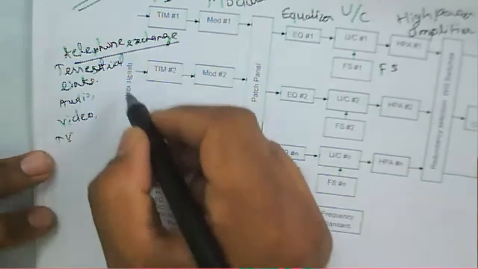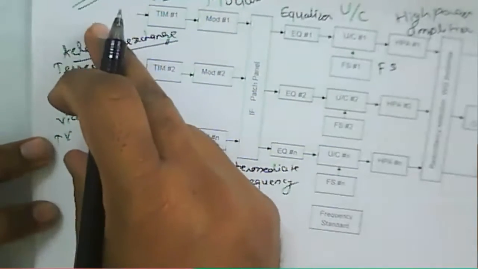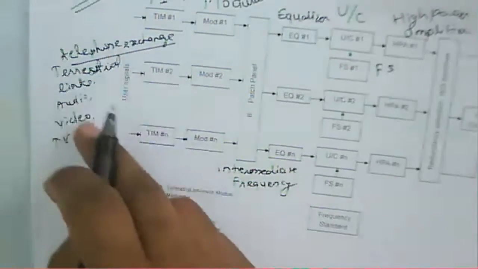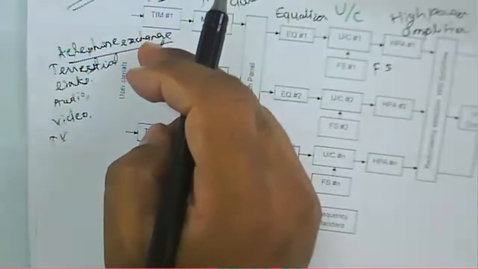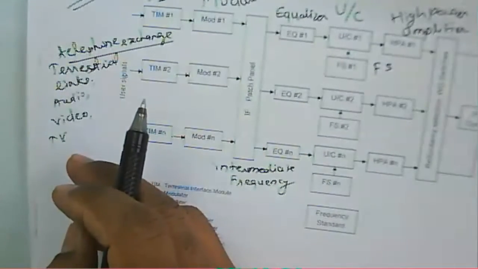Now these signals are amplified as well as filtered, and after that the signal will be converted into a digital format for digital transmission.